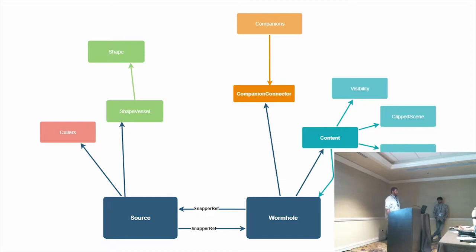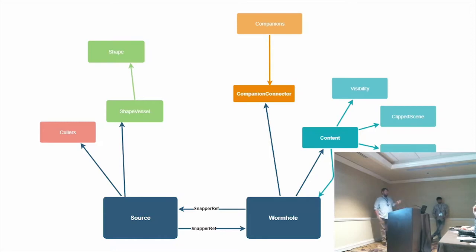So you have the source and the wormhole, as I mentioned, and they refer to each other using snapper references. And what the source does is that it provides a shape to the wormhole through a shape vessel. And it also holds colors, which the wormhole uses to retrieve the contents.